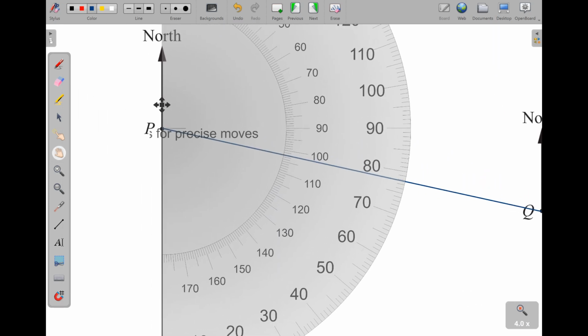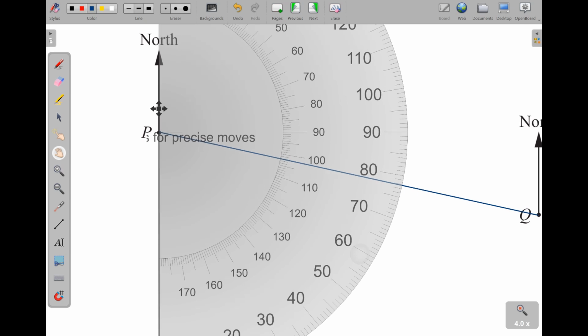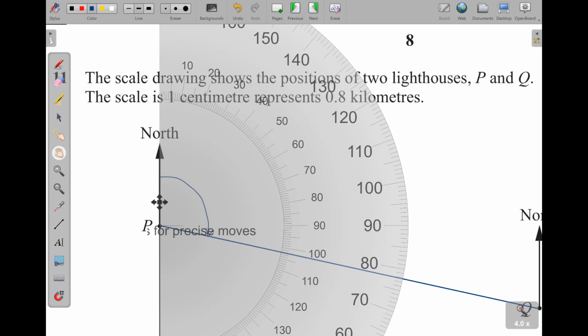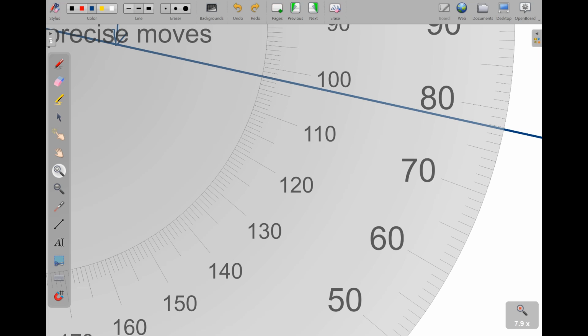If I zoom a bit, you can see. Now we measure. This is the angle we are measuring here. Where is the 0? The 0 is from the inner one. So we are using the inner one. So this one is going to be 100 and then 2. Look at it well. You see, 102.